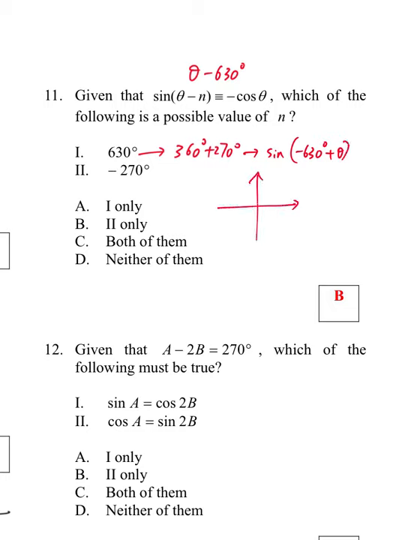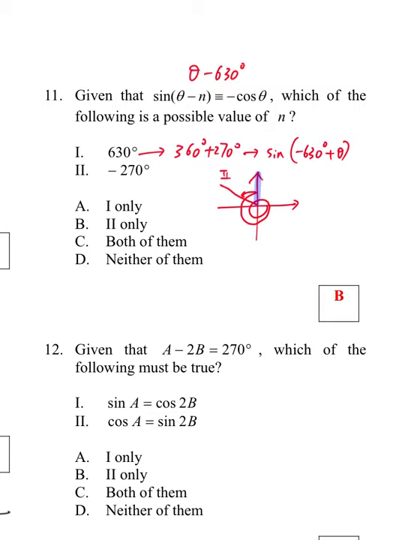So negative 630 means that after rotating clockwise around, you rotate further clockwise 270 degree. This is the meaning of negative 630 degree, and you add theta. So the result will be lying in quadrant 2, and the axis will be on the y-axis for the reference triangle to be constructed.